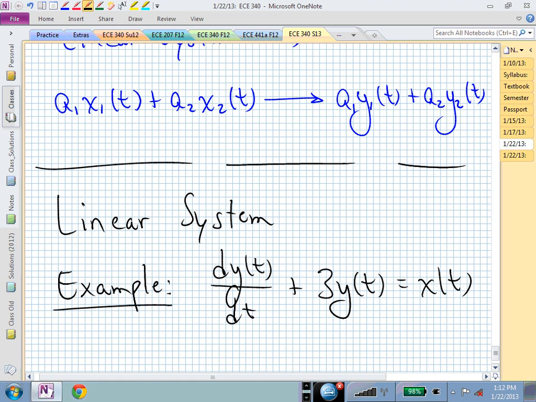And the input and the output satisfy this differential equation. What could you think of when you see this differential equation? Have we talked about this before? Pardon? It's going to be a decaying exponential, isn't it? That's one way of describing this. Do you see something else that we talked about on the first day?